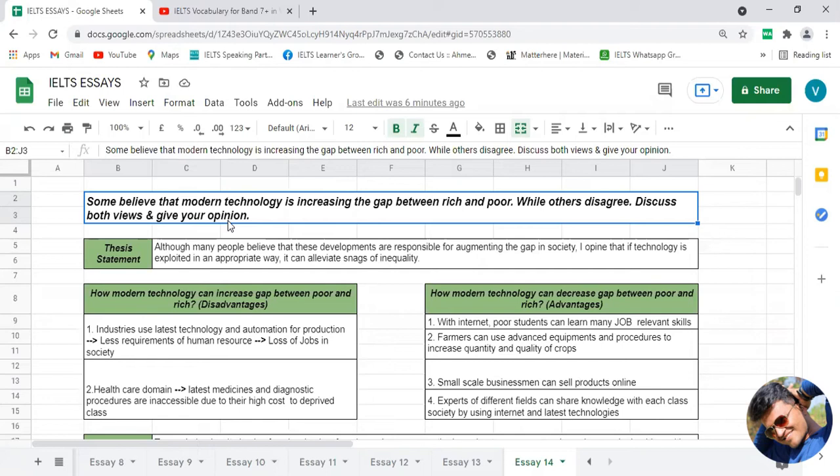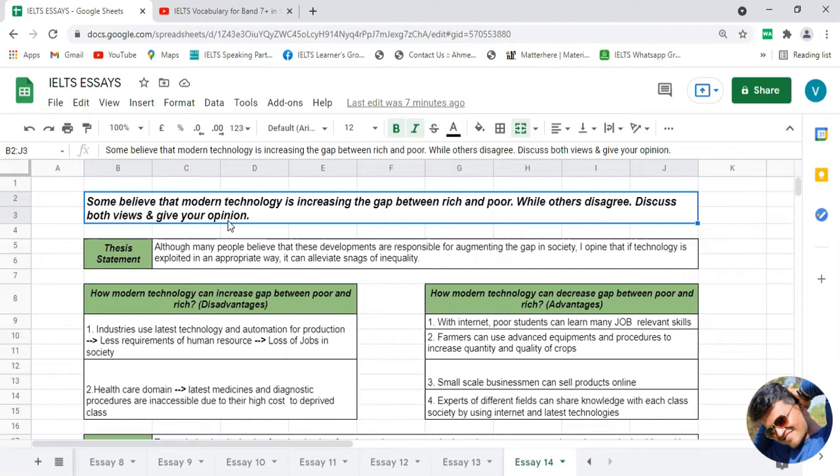It means some people believe that due to modern technology, the rich become richer and the poor become poorer, while other people believe that it is not the case. We need to discuss both views and give our opinion. That is the statement of the essay.